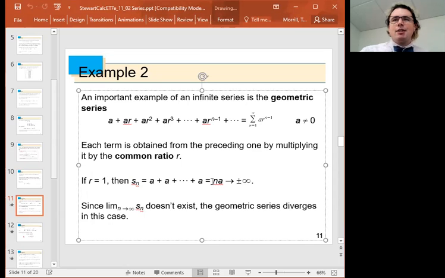So my sequence of partial sums would be the sequence A, twice A, 3 times A, 4 times A, and so on. But that will diverge, because eventually it will surpass any bound that we try to put on it. It will go to either positive infinity or negative infinity in the limit.